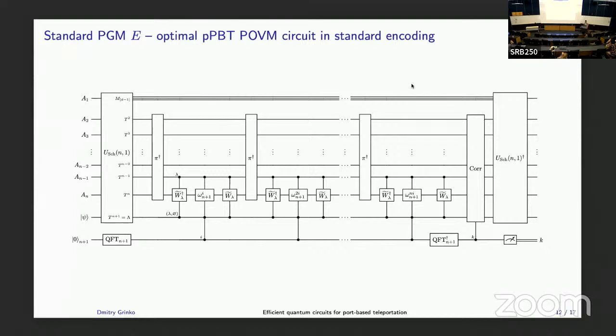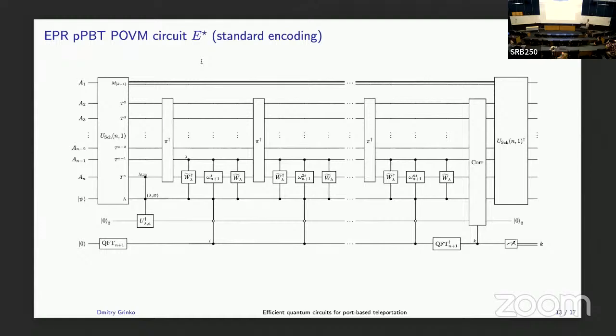But before I describe the other encoding, I should show you how we can implement other POVMs. This was a standard PGM, which was for the optimal probabilistic protocol. Now, if you want to do EPR probabilistic PBT, you just need to add one qubit over here and do an easy to implement additional rotation here.